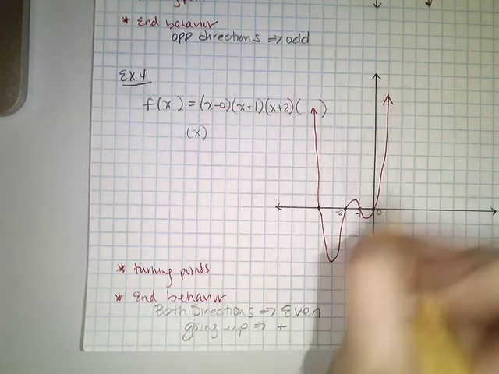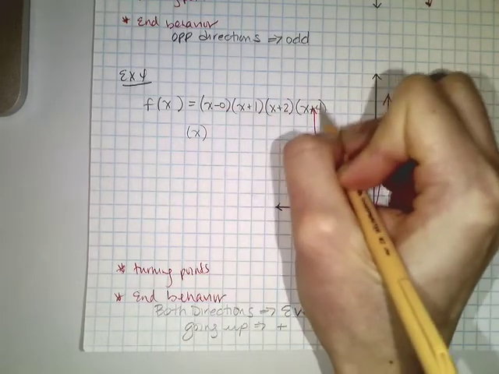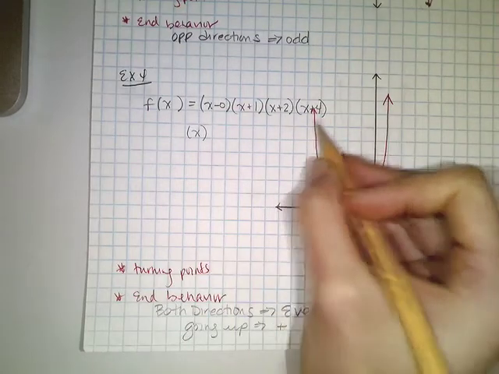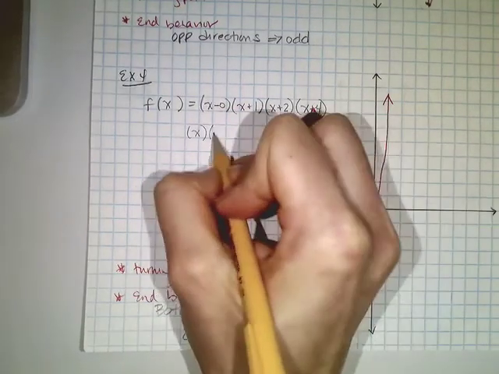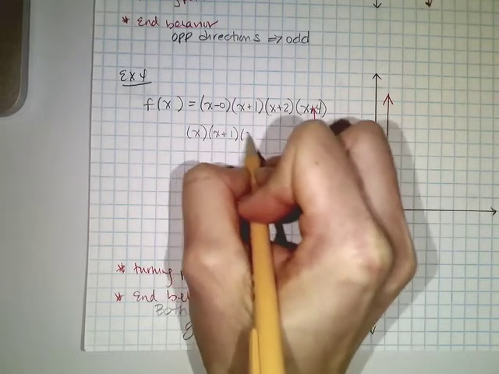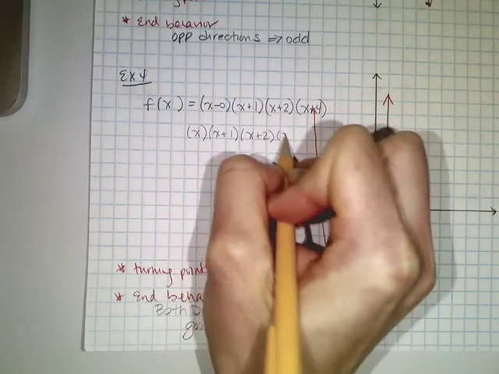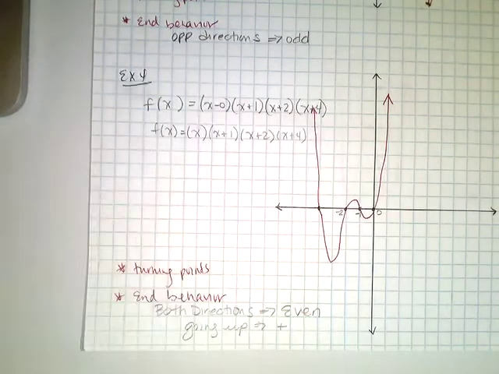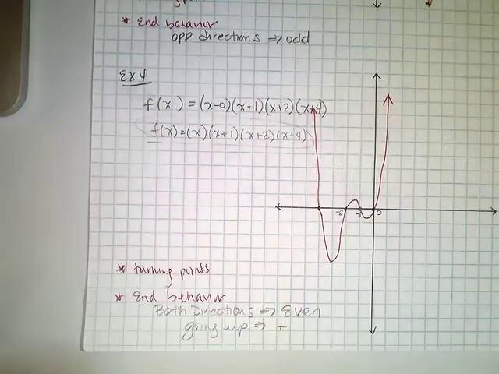And negative 4 means x plus 4. Just so you can see that a little clearer without the arrow in there, that's x plus 1, x plus 2, x plus 4, and that's f of x. So this is the factored form, or identifying the roots of this particular polynomial.